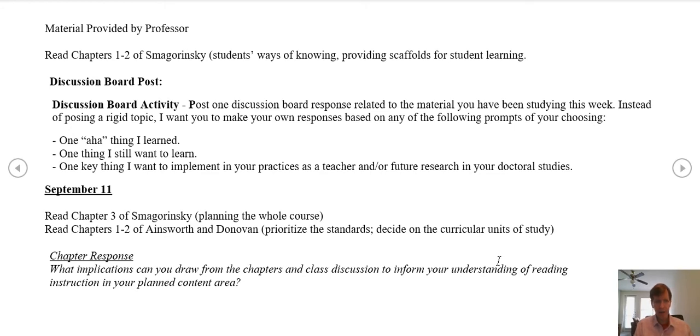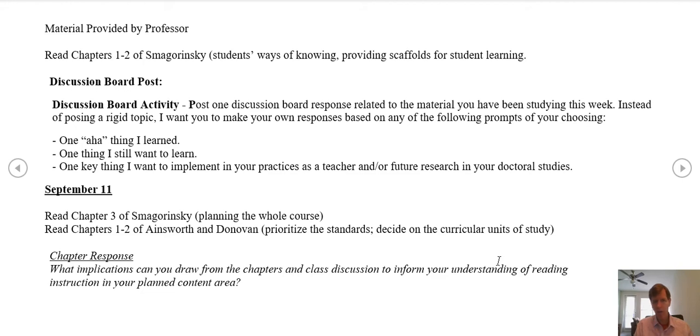Your assignment by September 4th is to read chapters 1 and 2 in the Smagorinsky text, Students' Ways of Knowing, as well as providing scaffolds for student learning. I'm likely going to post additionally an article that I've written that goes along with understanding what is scaffolding of instruction.